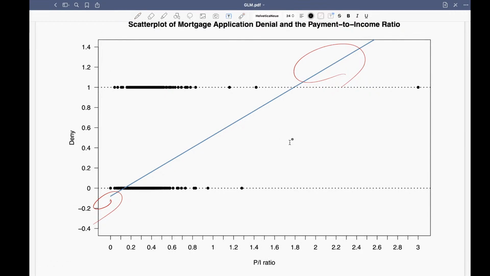I write it down: probability is not greater than 1, and usually greater than 0. Okay, so here you should note this result. It's very important.